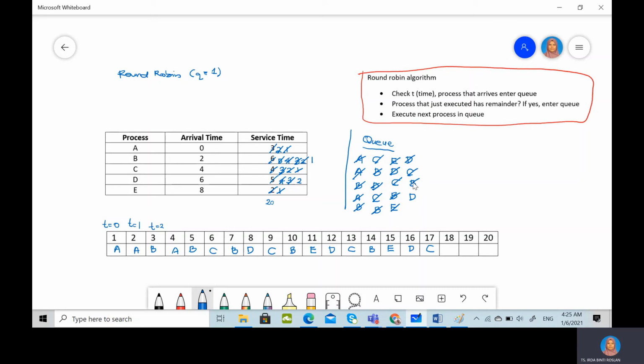Next we run B. B, any more remaining service time? No more. So B already finished.